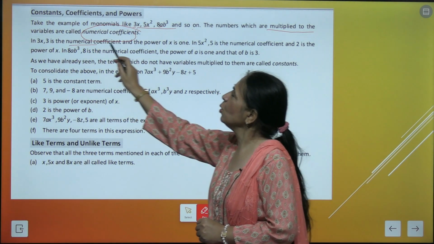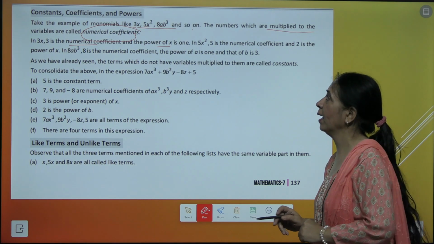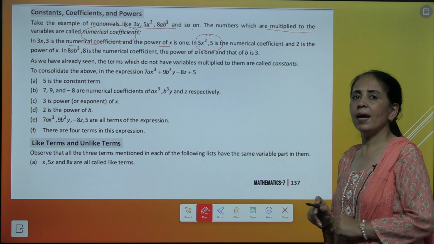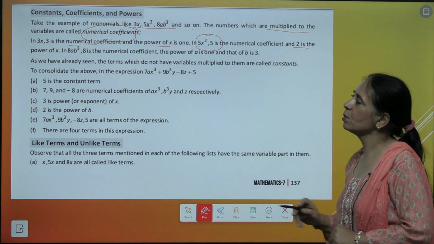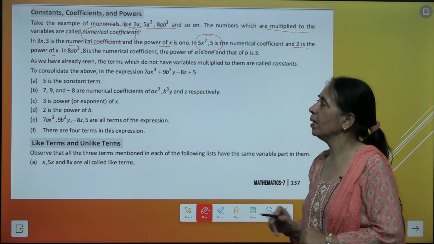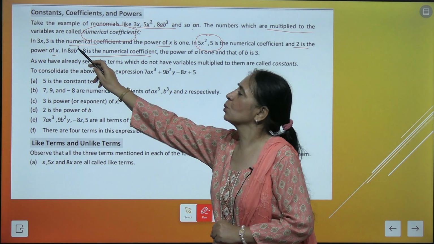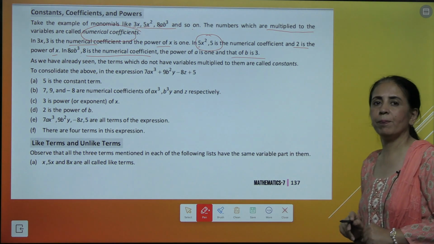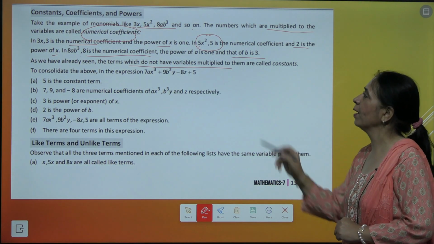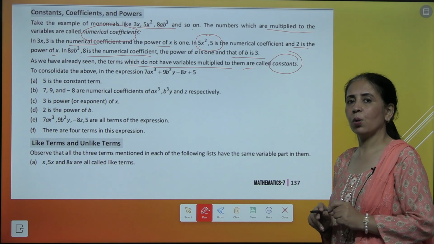Here 3 is a numerical coefficient, and if we write 3x, the power of x is 1. Similarly in 5x square, 5 is a numerical coefficient and the power of x is 2. And when you talk about 8ab cube, 8 is a numerical coefficient, the power of a is 1, and the power of b is 3. Now as you have already seen, the terms which do not have variables multiplied to them, we call them by a special name: they are constants.